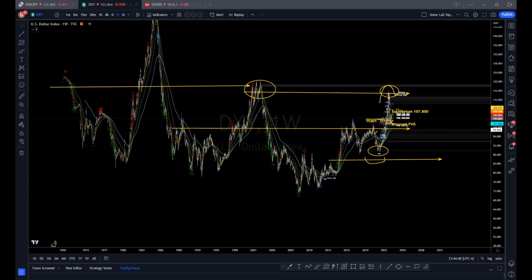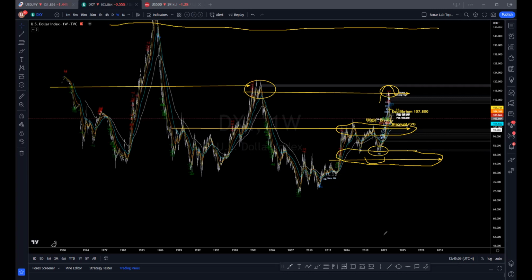So from here, we are looking for price to come down to at least this level here. This is where price had reached that. This is on a weekly chart, right? And then here, we are looking for price to come down even here. Because if you look at it, this is the ceiling of the dollar, and this is the floor of the dollar, right?